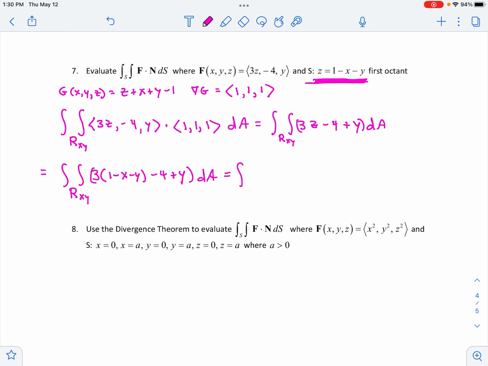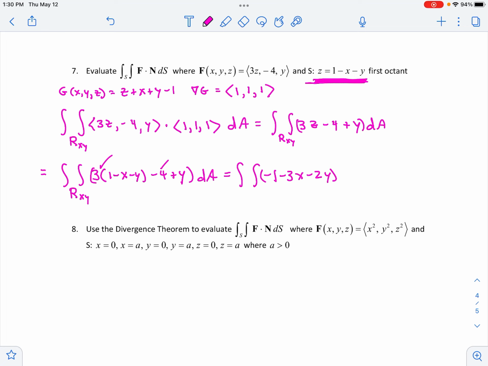Let me go ahead and clean this up a little bit. So I have negative 1, see, 3 minus 4. And then I have negative 3x minus 3y, so plus 1, that's minus 2y. Okay, there we go.